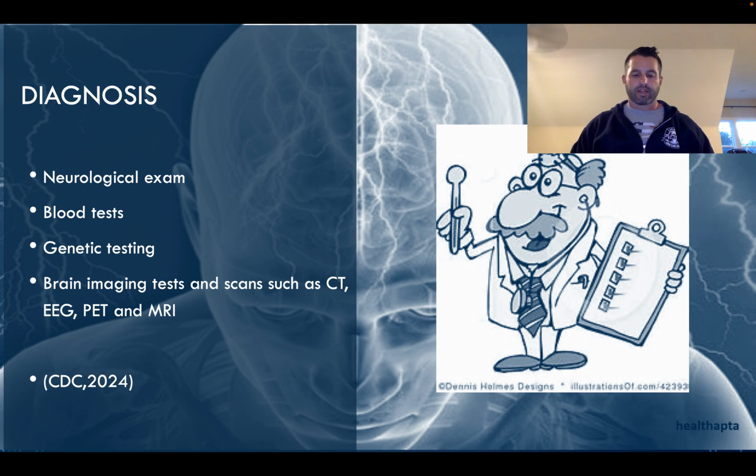An MRI, again, allows you to see everything that you need to. It says it's the most useful or relied on test to determine what type of seizure or what's maybe causing this.